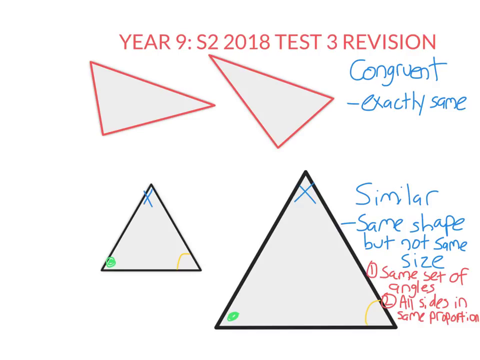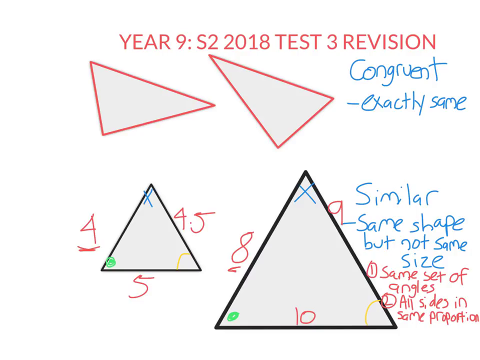So for example, let's say this triangle had sides 4, 4.5, and 5, for argument's sake. It doesn't need to be drawn to scale. So if the larger one was similar, its sides need to be in the same proportion. So that means if this side here was 8, which corresponds to this side here, then over here, this side would need to be 9. It would need to be double 4.5, and this side down the bottom would need to be 10.